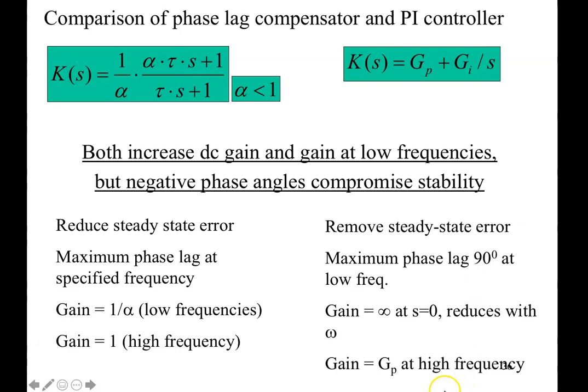At high frequency, we don't need to worry too much about it, because 1 over s tends to 0, so you only have a GP to deal with. Okay, so the main difference here is that phase lag will give you a high gain at low frequency, but not quite infinite, like PI control.